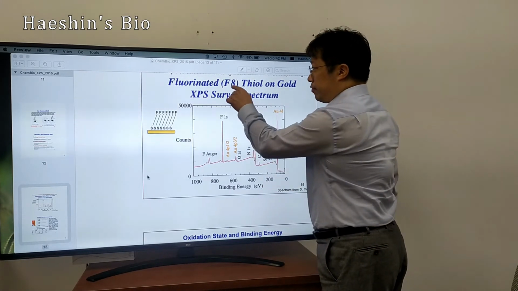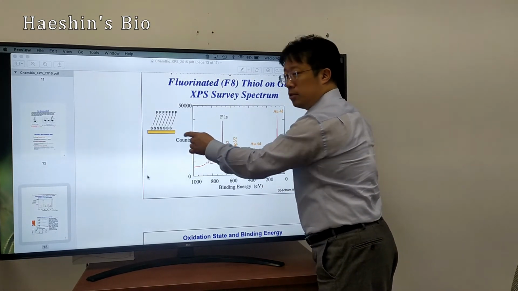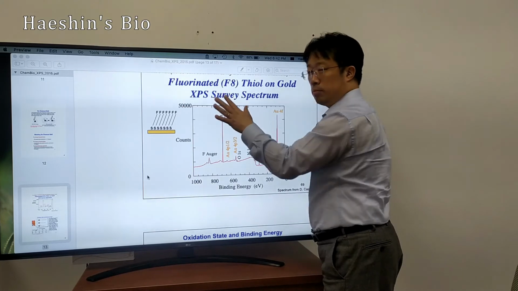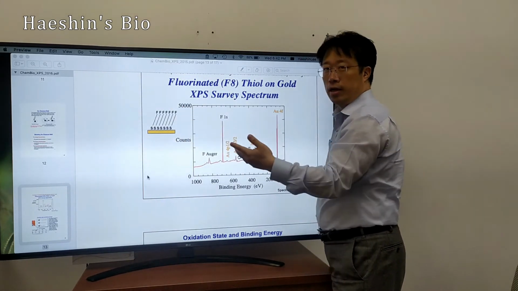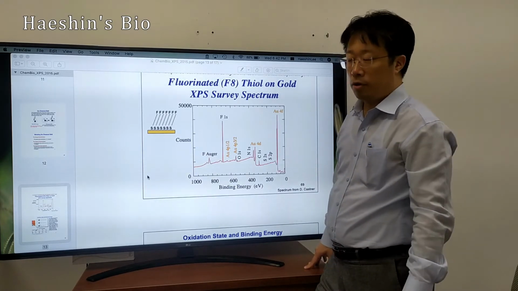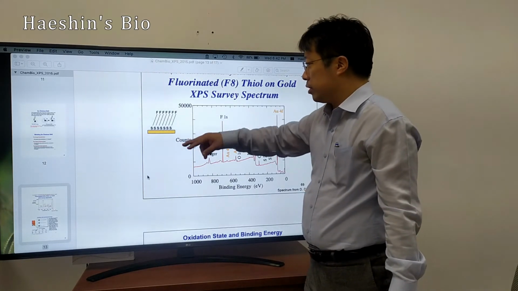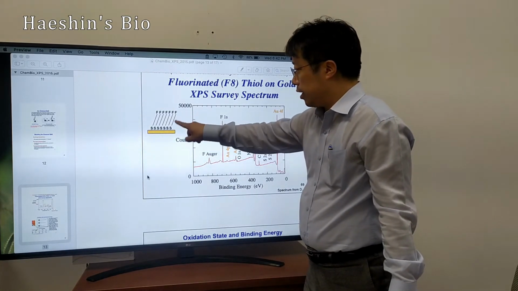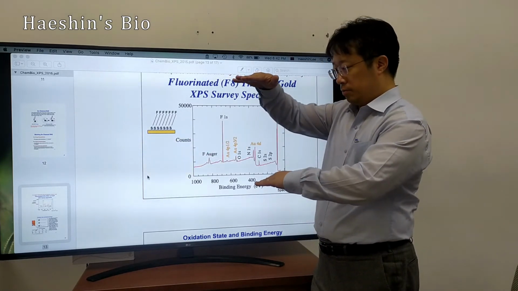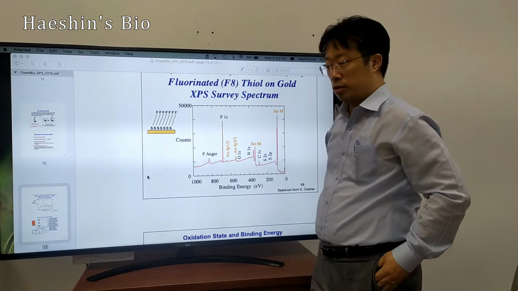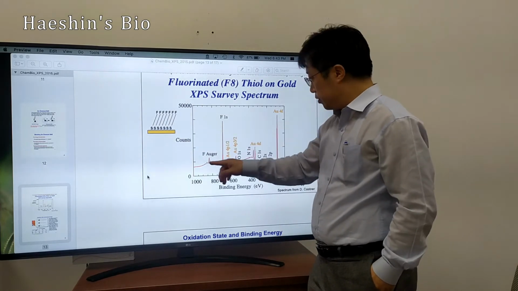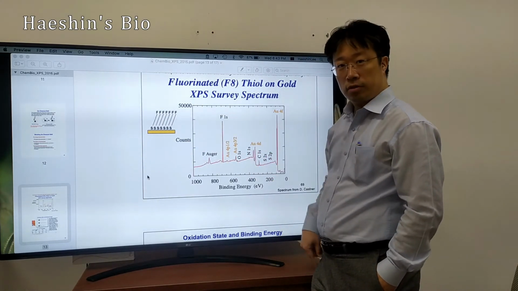Imagine this is an F8, so you have 8 bonds. I mentioned that 8 bonds is about 8 angstrom. The thickness from here to here is about 8 angstrom, but generally speaking 1 nanometer. So the 1 nanometer, as I mentioned, the XPS thickness resolution is about 20 nanometers. That's why you have gold surface signals coming out of this here.